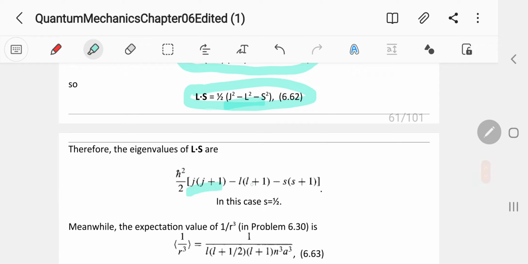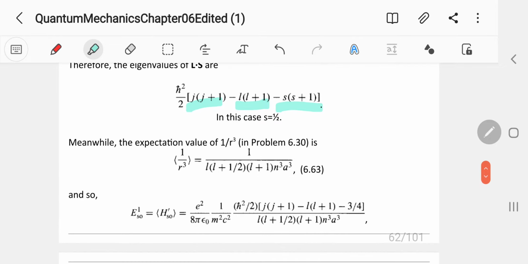J square, L square, and S square. So in this case, we're talking about an electron which is a fermion of spin 1/2. Meanwhile, the expectation value of 1 over r cubed, which could be solved later, is just equal to this one.